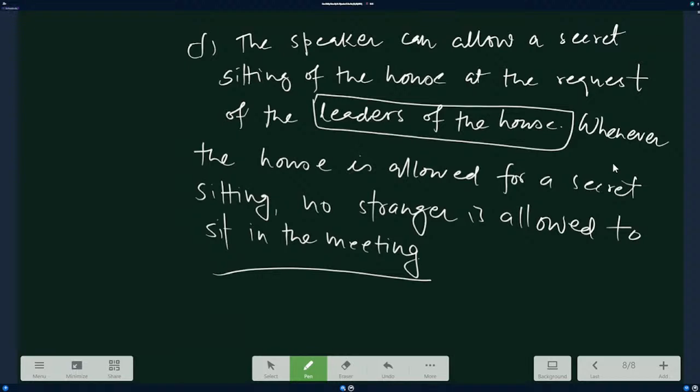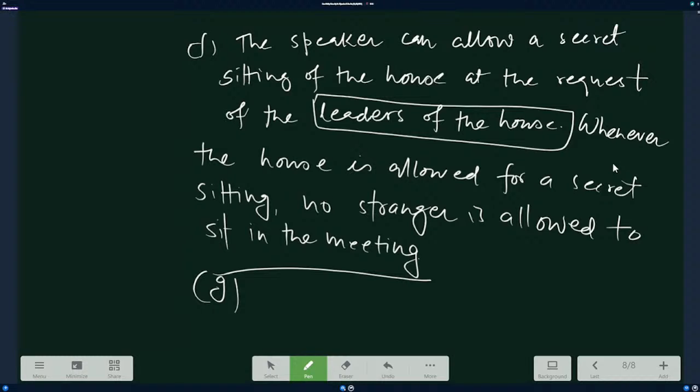Next. The next is G. The Speaker decides whether a bill is a money bill or not. When are such meetings held, sir? Actually, secret meetings are held at the time of an emergency generally.